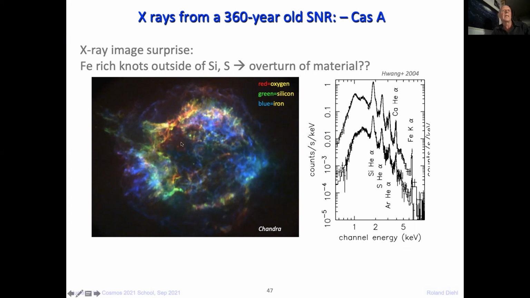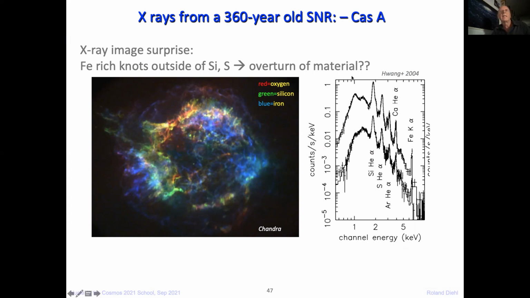That would be kind of an inversion of what you expect, because when you expect an explosion that generates the iron in the inner part and ejects the envelope that had created some oxygen and silicon before the supernova imploded, then this is a little bit hard to understand.